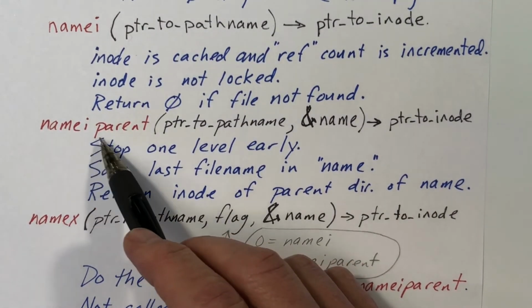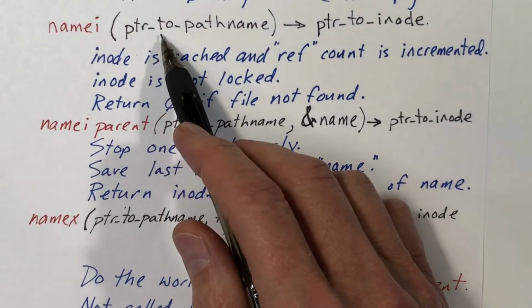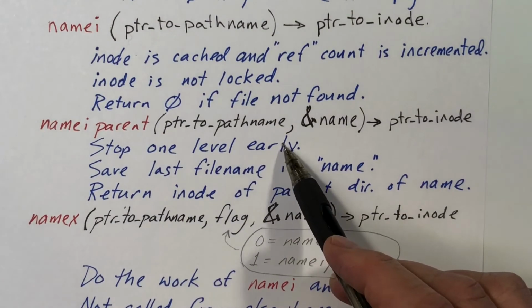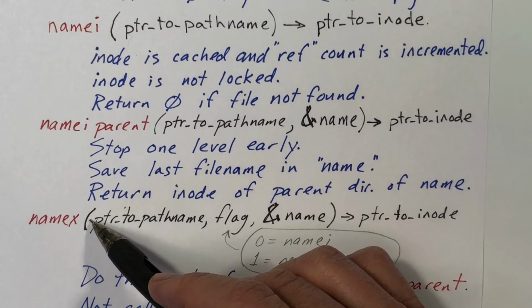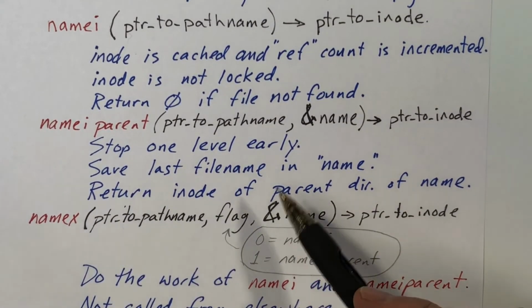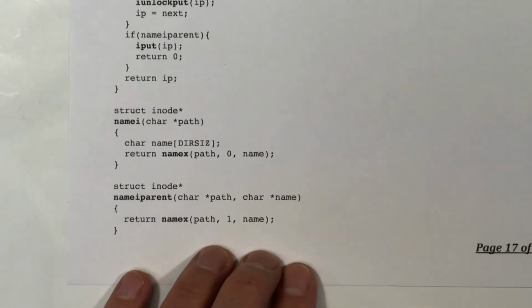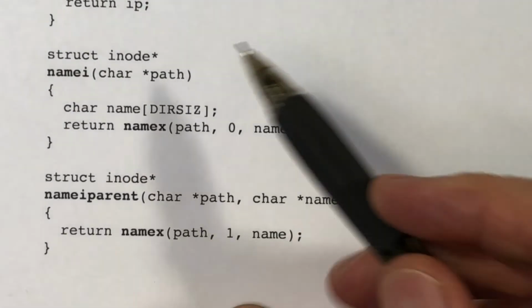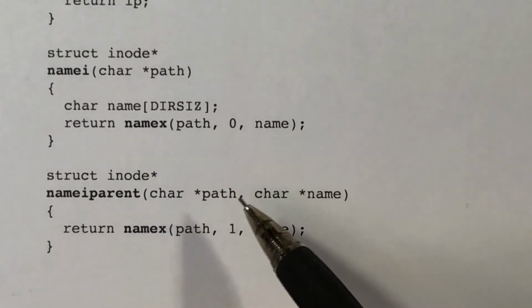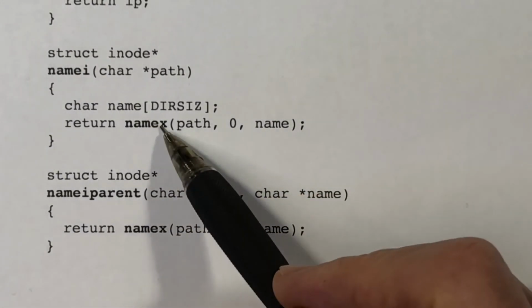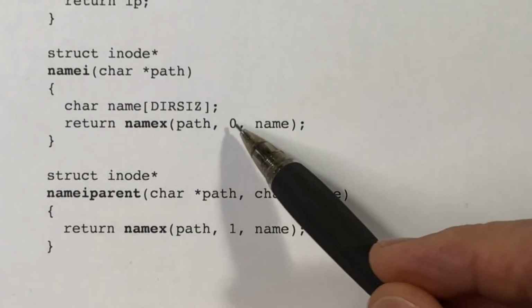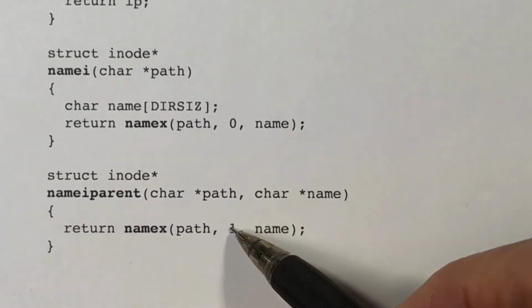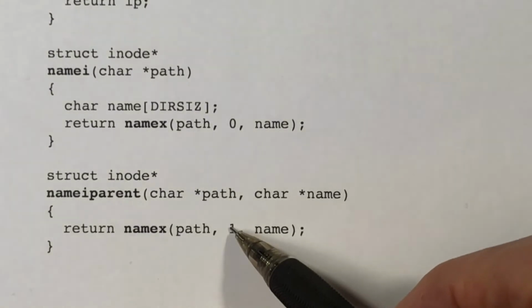There's another function, nameI parent, which is very similar to nameI, except it stops one level earlier. And both the nameI and nameI parent call nameX to do the work. So let's take a look at nameI and nameI parent here. nameI calls nameX and nameI parent calls nameX, and the only difference is they pass a flag to say which is involved here.